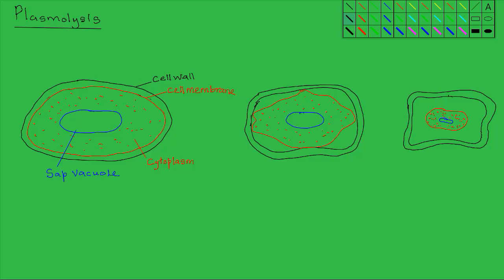Plasmolysis. This is the process by which plant cells lose water, shrink, and become flaccid, with the cell membrane detaching from the cell wall.